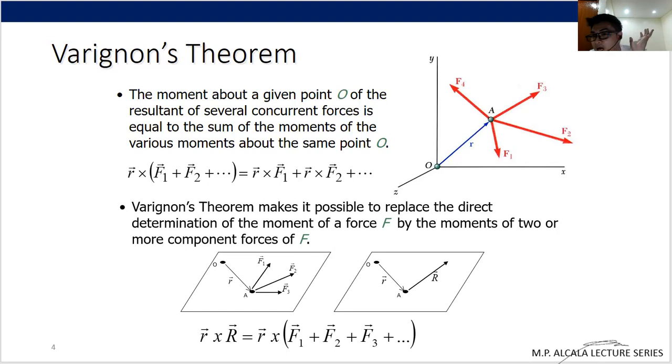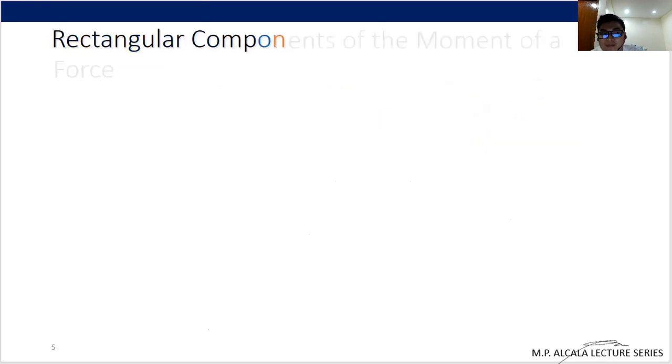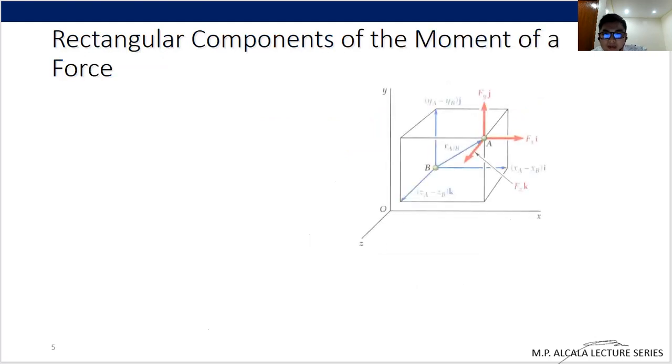By adding everything, I can get the single resultant R and the single summarized force F, and that gives me Varignon's theorem. It gives me the same moment about point O. That is essentially all there is to Varignon's theorem.